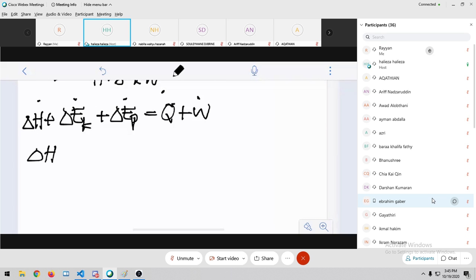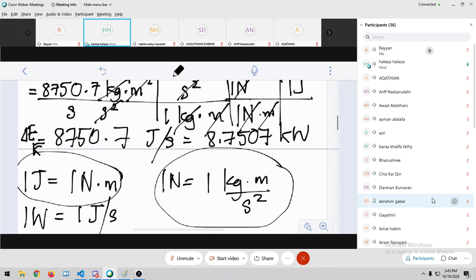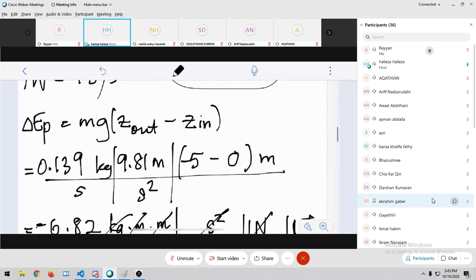So the kinetic energy we got just now is 8.7501. That's our kinetic energy.